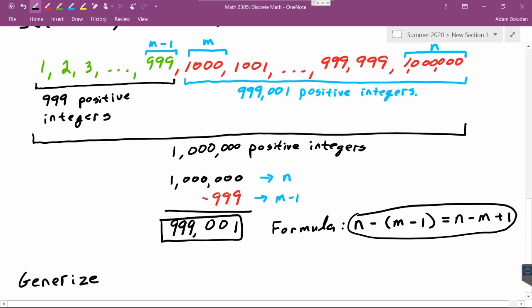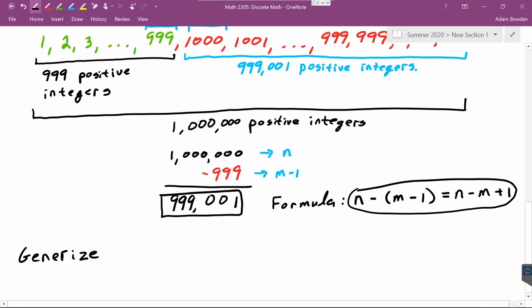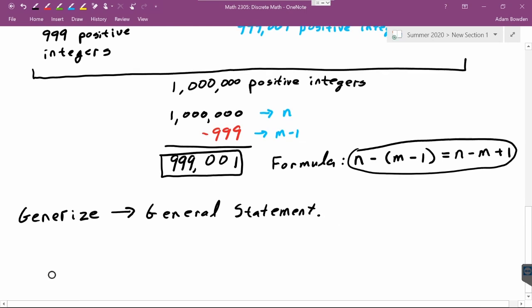And now this is the formula, but we have to understand we created this formula under very specific conditions where the n and the m are standing for only positive integers. So let's take this generalization of it and write a general statement of what we're dealing with here when we talk about this situation and specifically this formula. So I'm going to start off this by saying if.